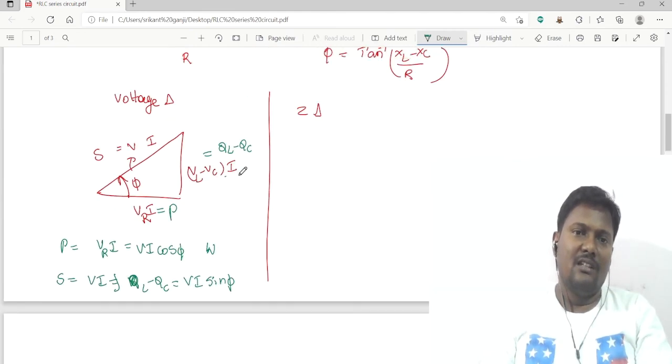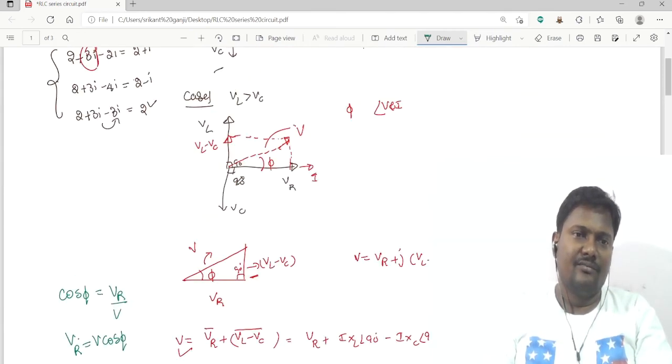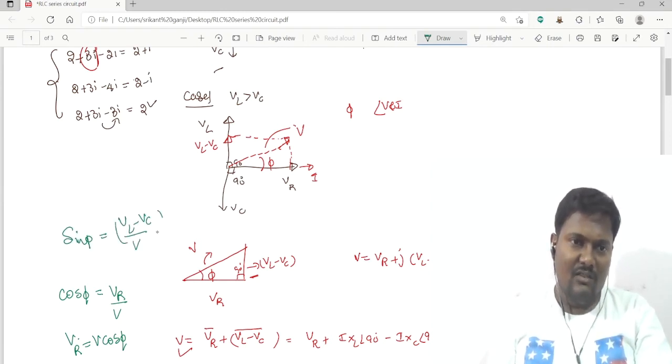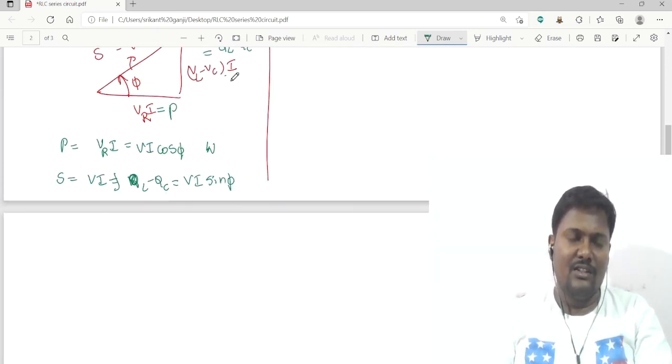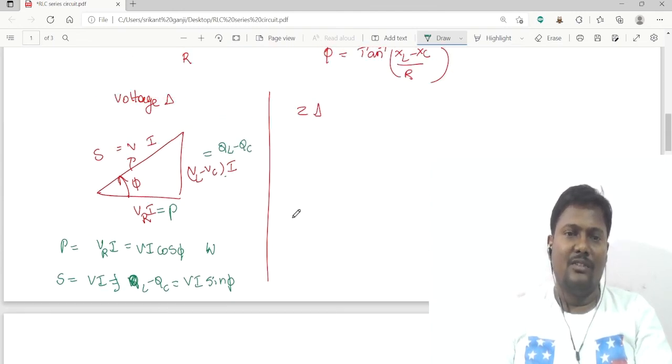So sin phi is equal to VL minus VC by V, and as I am getting here VL minus VC into I, so substitute that VL minus VC is equal to V sin phi, so VI sin phi, and the complex power is equal to VI.